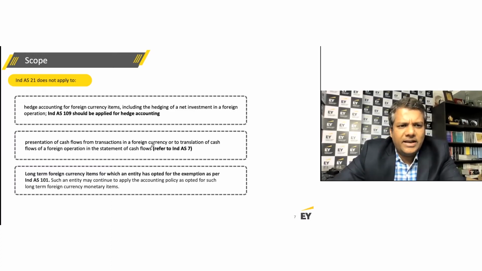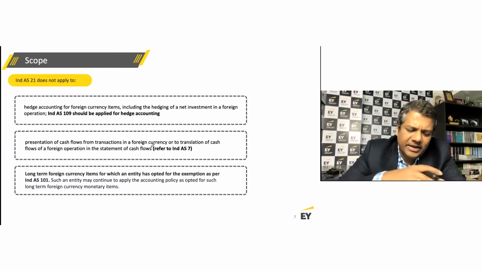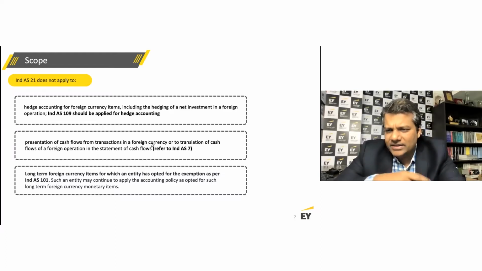And if there are long-term foreign currency items for which an entity has opted for the exemption as per Ind AS 101, there was some carve-out or beneficial accounting under Ind AS 101, which was allowed to smoothen the transition for a lot of Indian companies from existing Indian GAAP to the Ind AS framework.